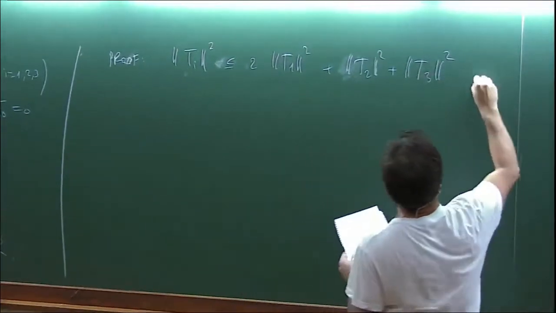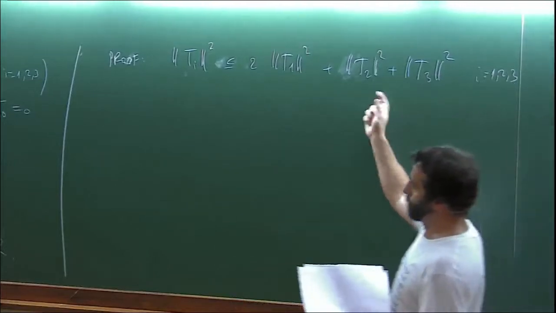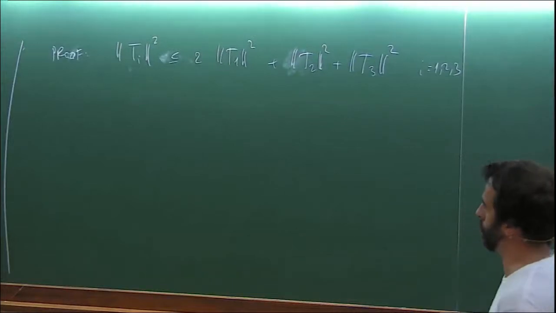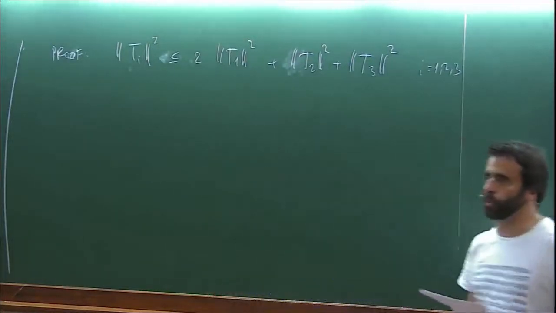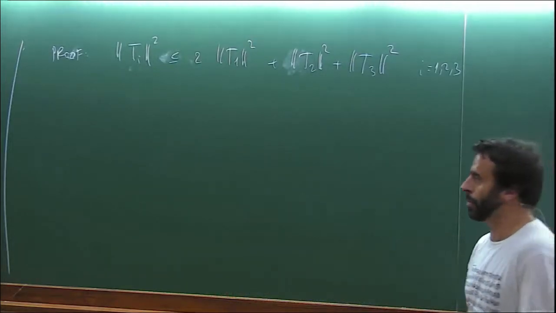We see that this is just the sum of conserved quantities, so this is conserved. So if you start with a regular solution, then the flow will preserve regularity. Any questions so far?